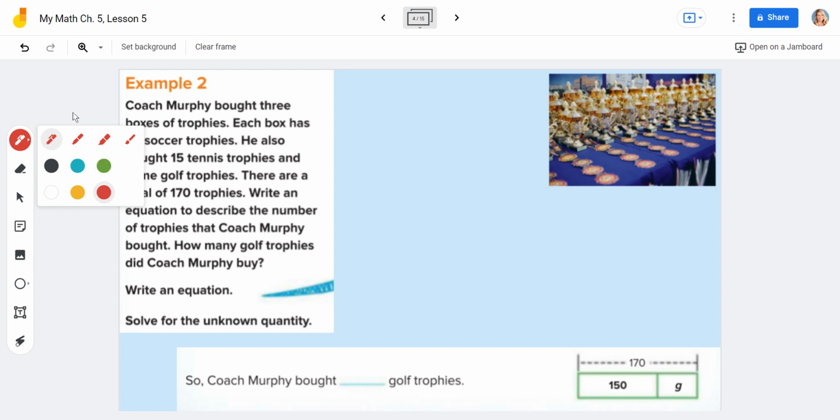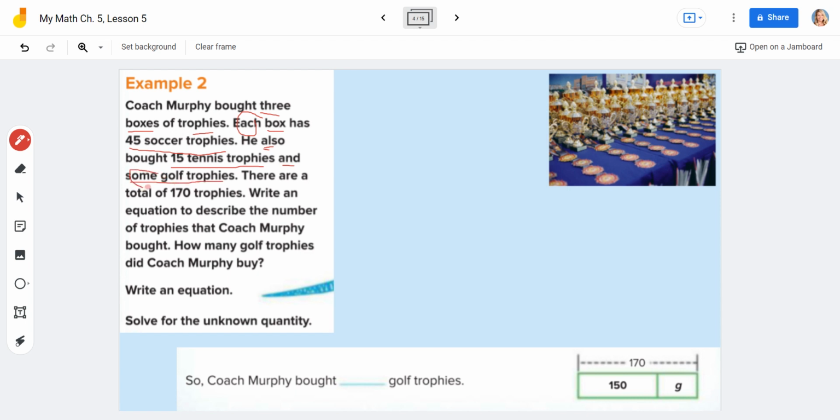This is a very good example of why equations are needed, because this problem throws a lot of information at us. So let's take a look. Coach Murphy bought 3 boxes of trophies. It says each box has 45 soccer trophies. He also bought 15 tennis trophies and some golf trophies.